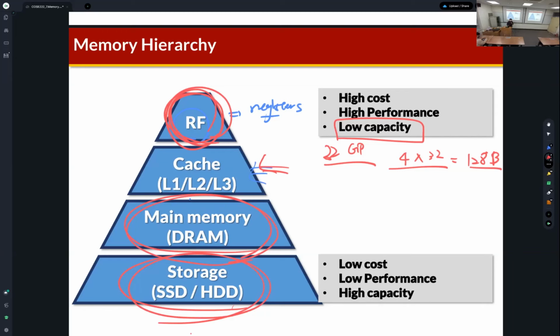It's very, very small. Even our smartphone has 4 gigabytes, 6 gigabytes, or even 8 gigabytes of memory, where giga means 10 to the 9. Compared to 128 bytes, the size of the register file is very, very small.